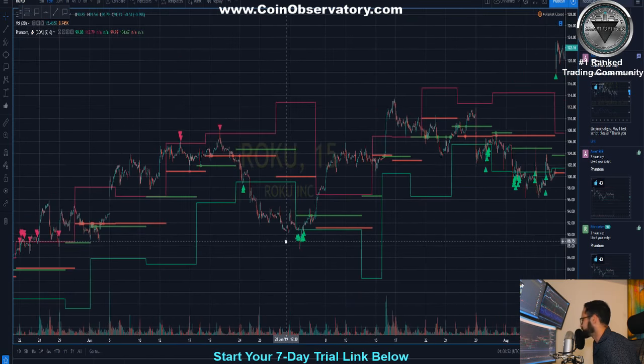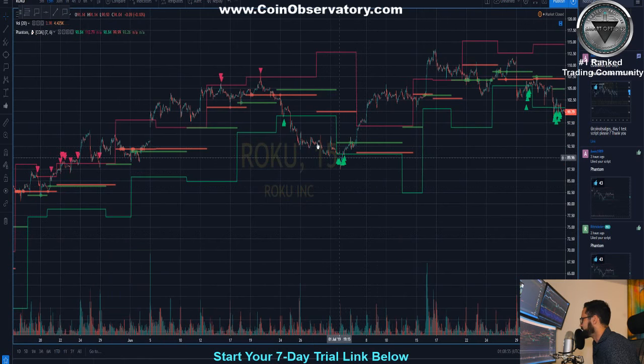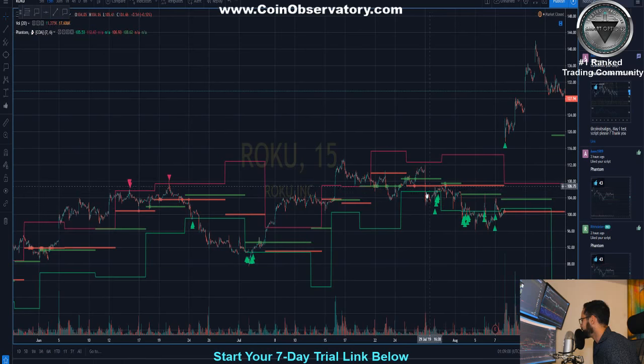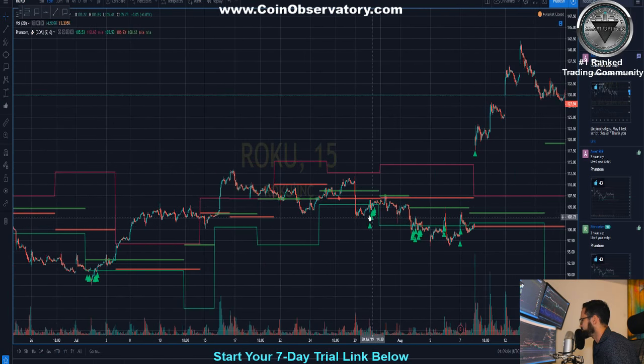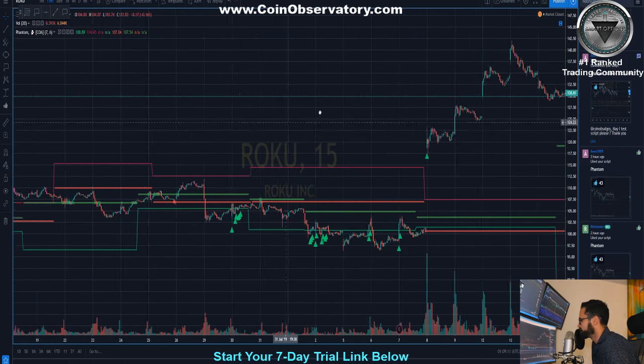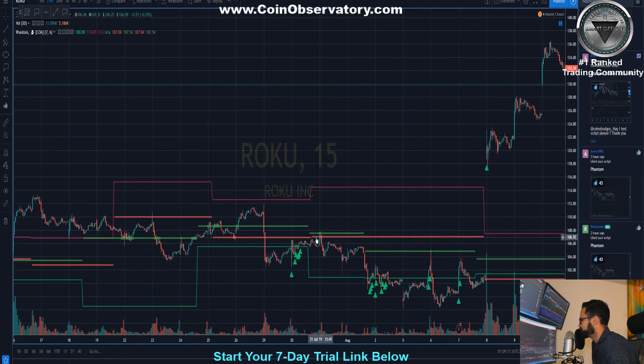Something like Roku, once again, I'm not familiar with this chart. I haven't traded Roku. But you get a bad long, a really good long, right? This was a wedge. And once again, the fact that it's just given that green triangle, but with the midlines being so close, right? One would maybe want to wait until the midline distance is further.